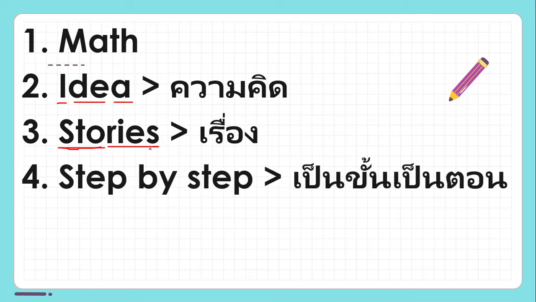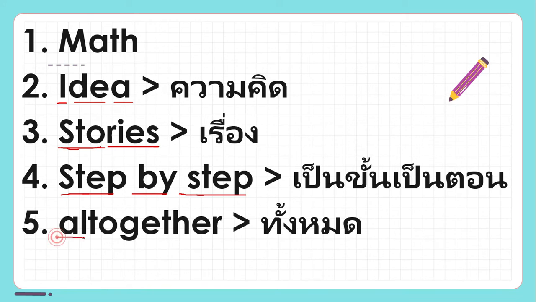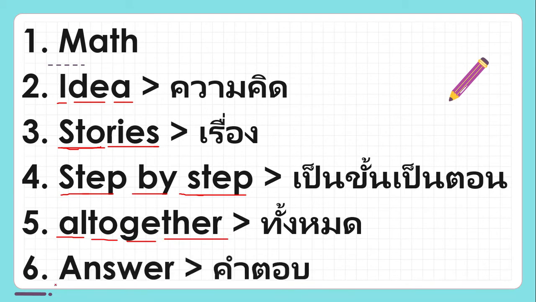Number 4, step by step. Number 5, all together. And number 6, answer. Okay, so W is a silent letter, so we're going to just read this one as answer.